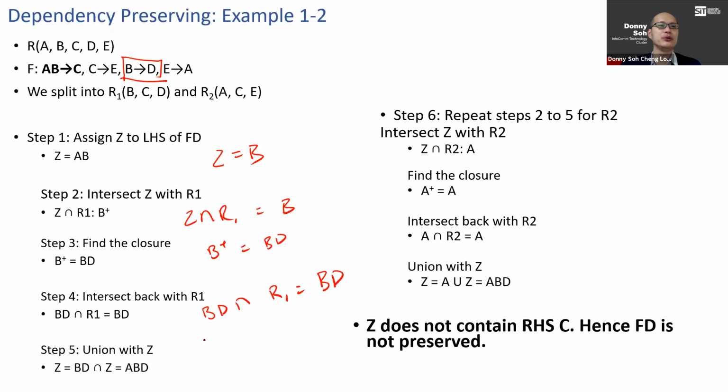And after our union, BD, it should give me also BD. And at this point, I can conclude that the right hand side is part of my FD here. And so, yes, very good. And so the FD is preserved.